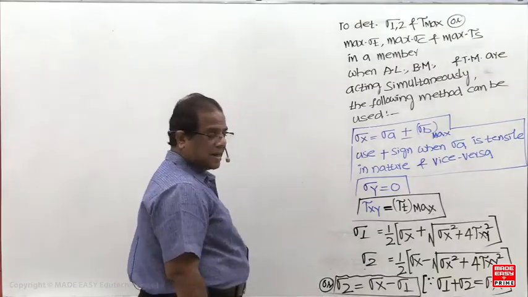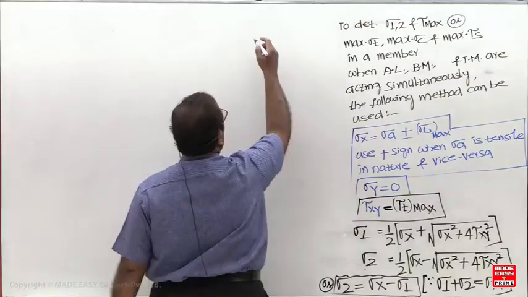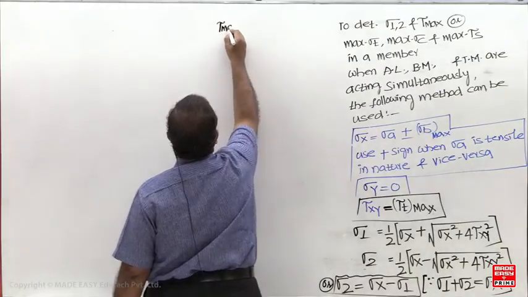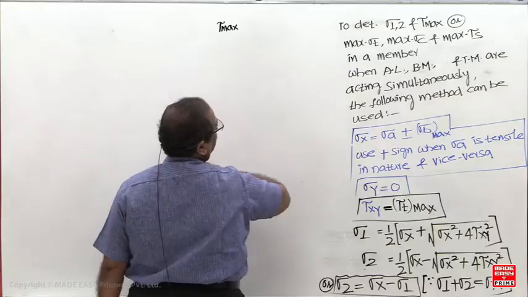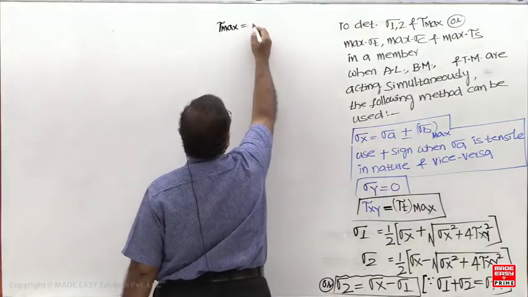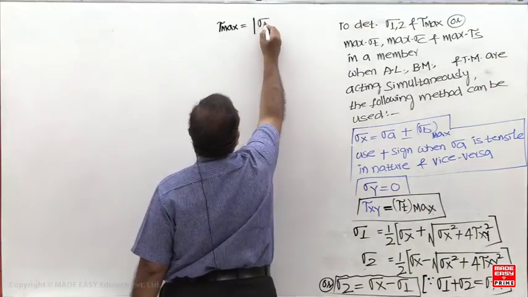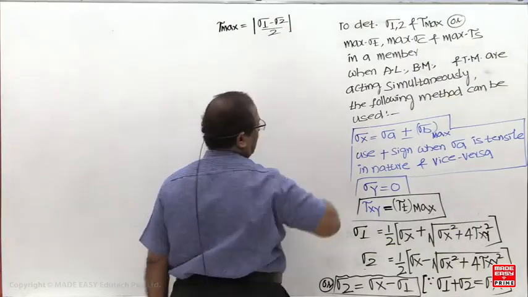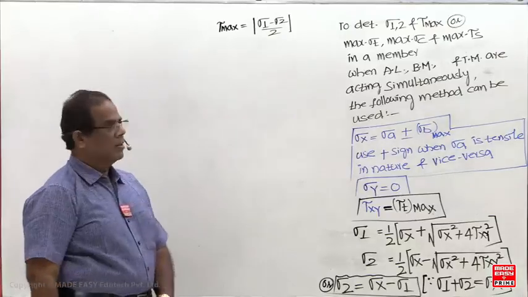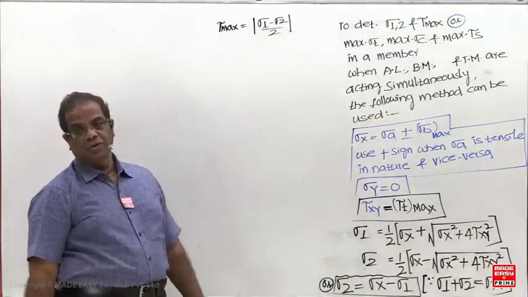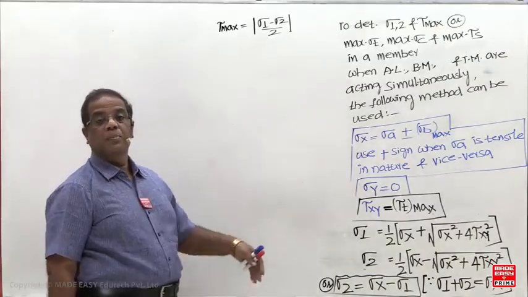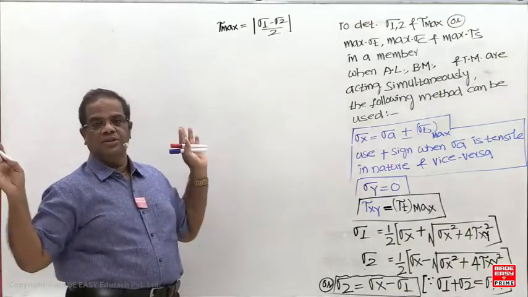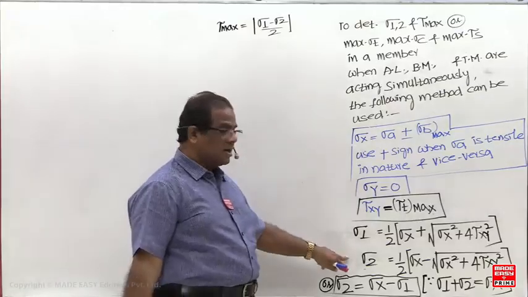Then you can find out the maximum shear stress, sigma 1 minus sigma 2 by 2. But instead of this, suppose you ask directly in the question only the maximum shear stress, then these two are not required.